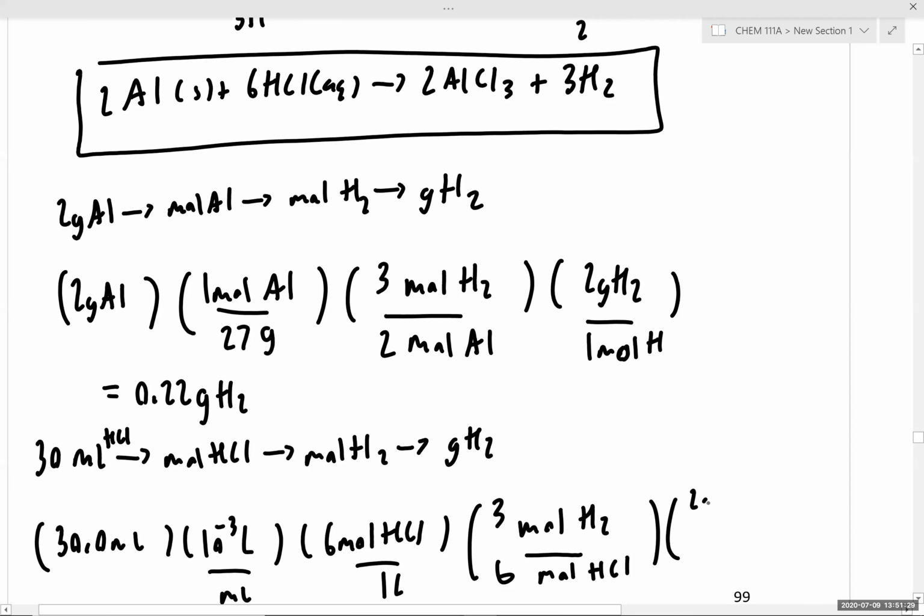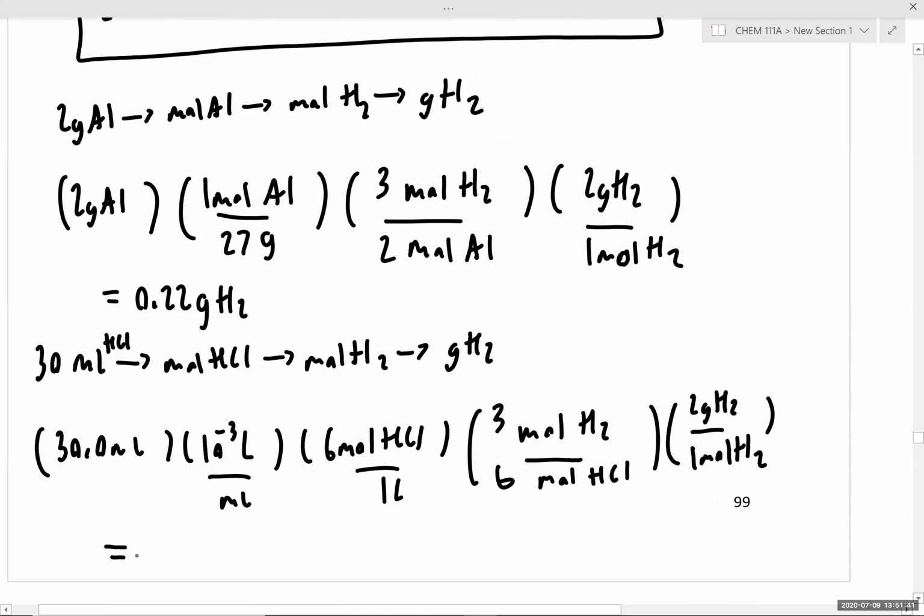Okay, and then finally we have 2 grams of hydrogen per 1 mole of hydrogen. So punching this into our calculator, that in turn gives us 30 times 6 over 2 times 2 over 1,000. That gives us 0.18 grams of hydrogen. So that's the actual mass of hydrogen generated. In other words, we can say that HCl is limiting.